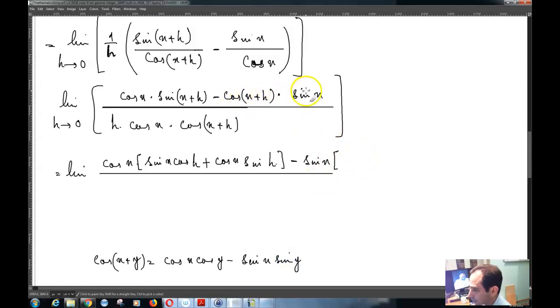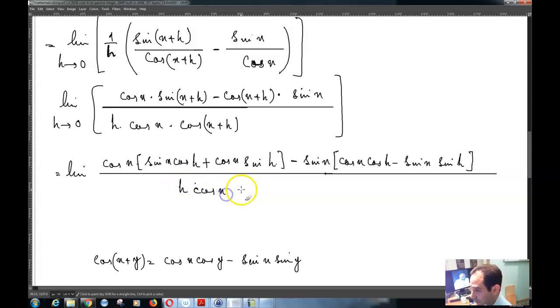So I write this as cos x cos h minus sine x sine h over h times cos x times cos of x plus h, which is the same thing as here.